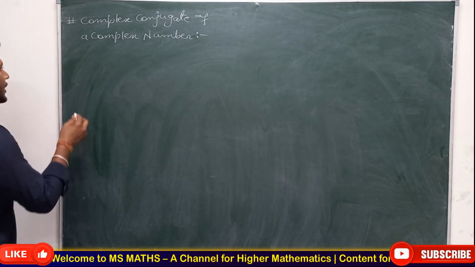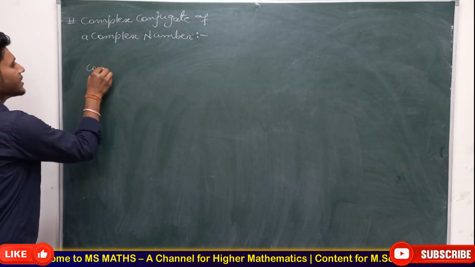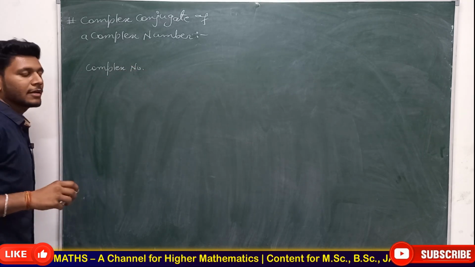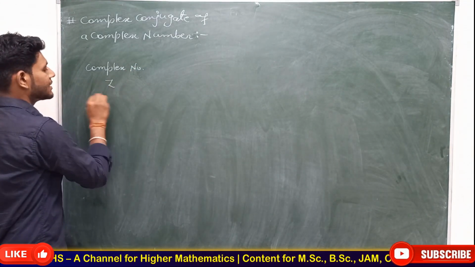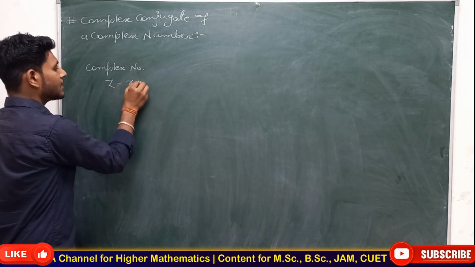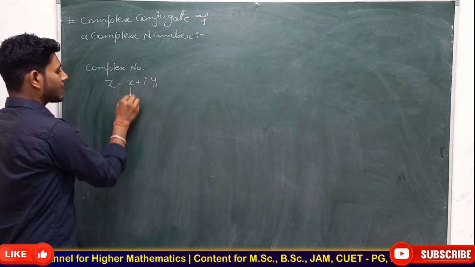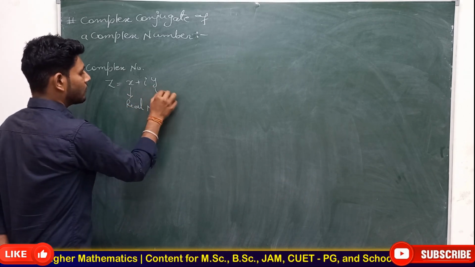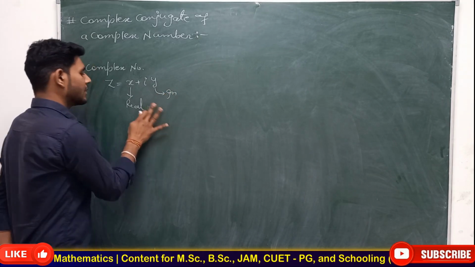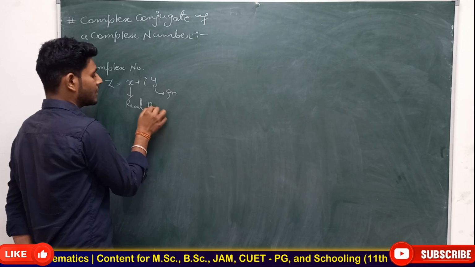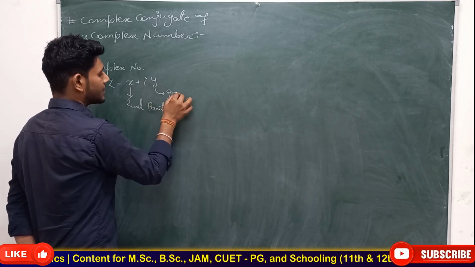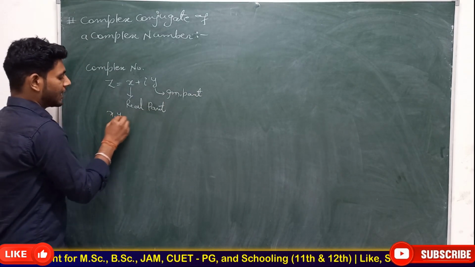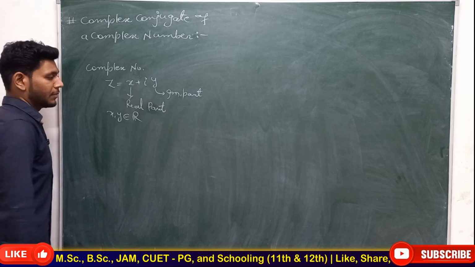So first recall that what is a complex number. Complex number is nothing but z, we are representing it by z, is nothing but x plus iota y, where x is a real part and y is the imaginary part, and x and y belong to the real numbers.